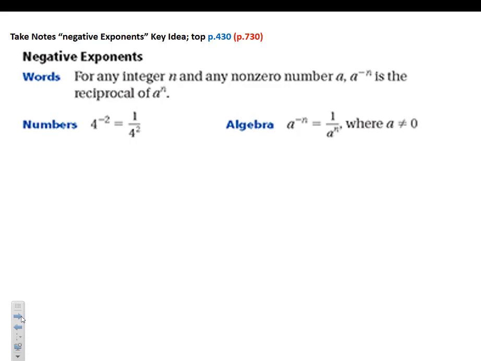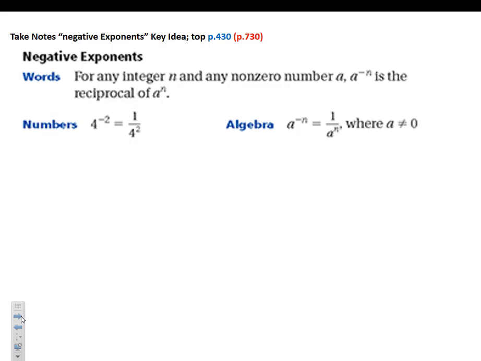It says that if I have this 4 to the negative 2, I have a power 4 with a negative 2 exponent. It's saying, hey, all I have to do is take the reciprocal of that power and make the exponent positive. So 4 to the negative 2 would be 1 over 4 squared, or 4 to the 2.